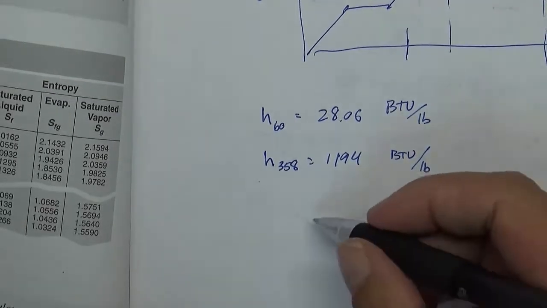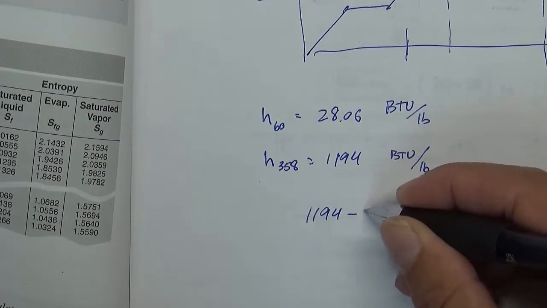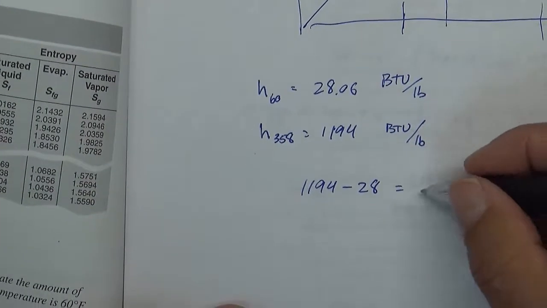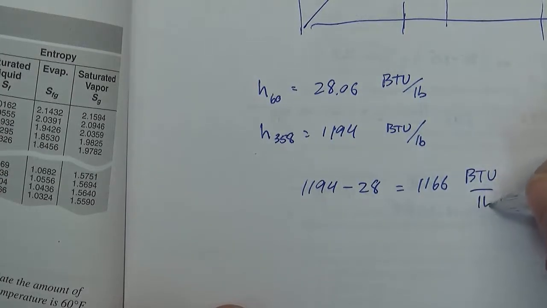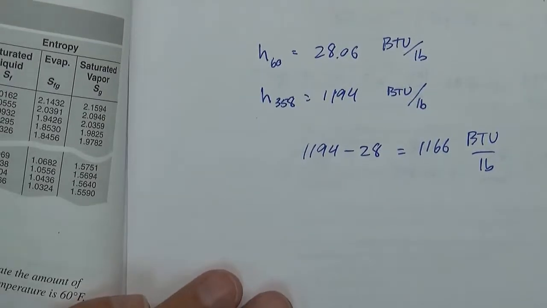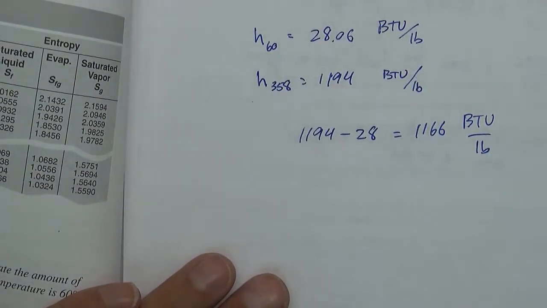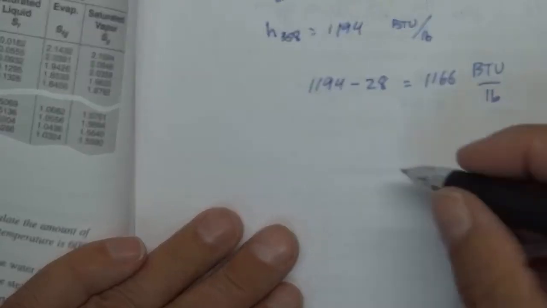And so now, what's the change? 1194, which is the final, minus the initial, 28. And that comes out to be 1166. So that's the BTU per pound. Now I need to know how many BTU per hour to get to 25,000 pounds per hour of steam. So I just multiply this by 25,000.